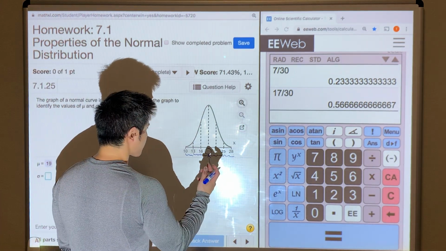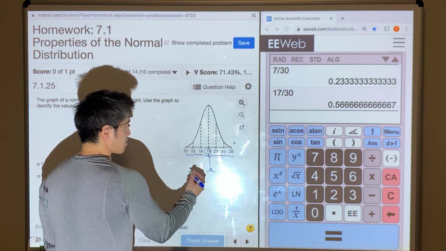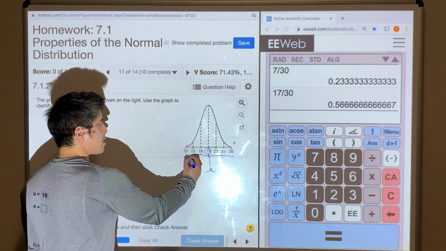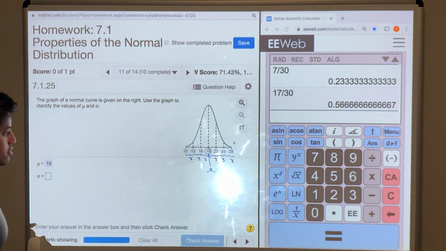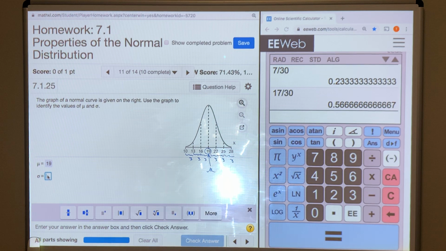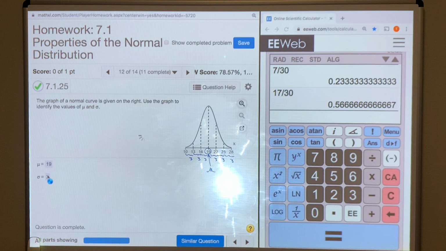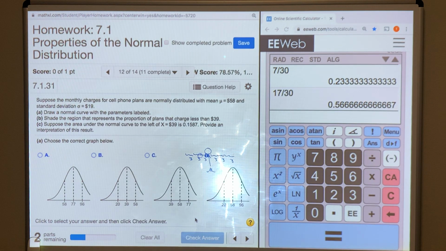And so that would be 3. So I've done that where you can clearly see that standard deviation is 3. The spacing is 3 for all of these. Okay? So that means our standard deviation is 3. All right. Let's move on to the next one. Almost done. Like I said, it's a very straightforward section.